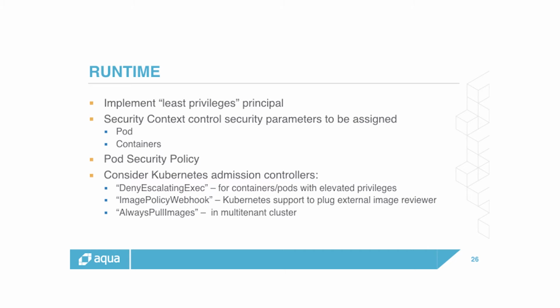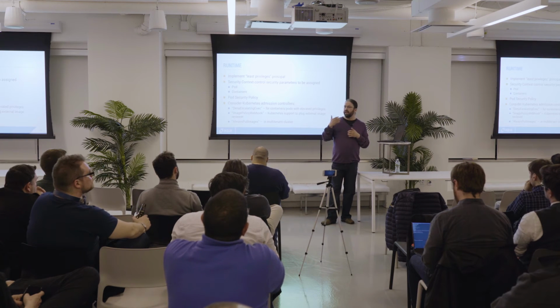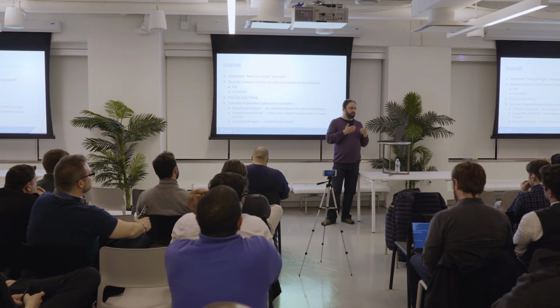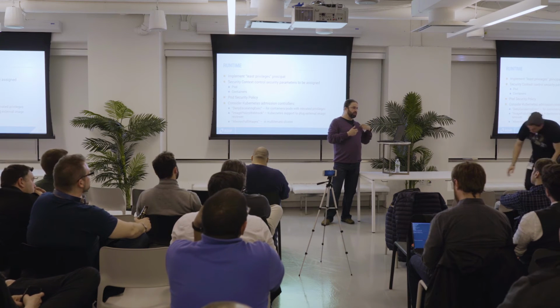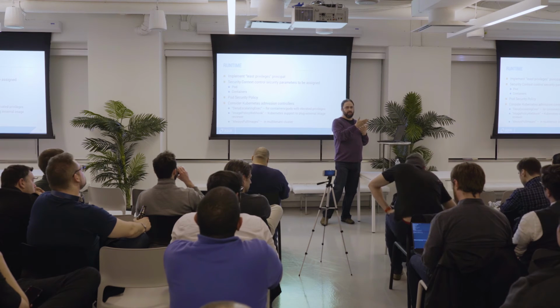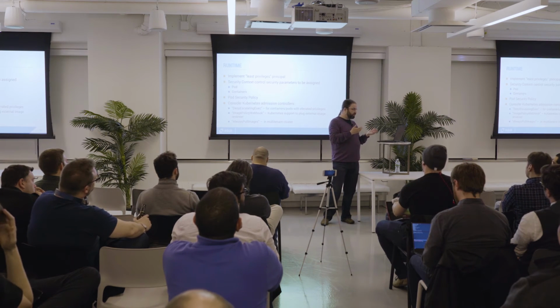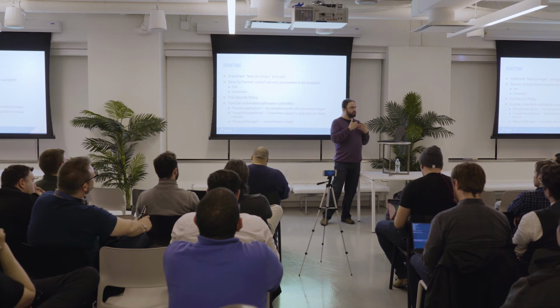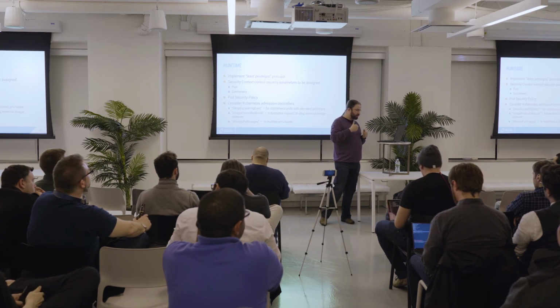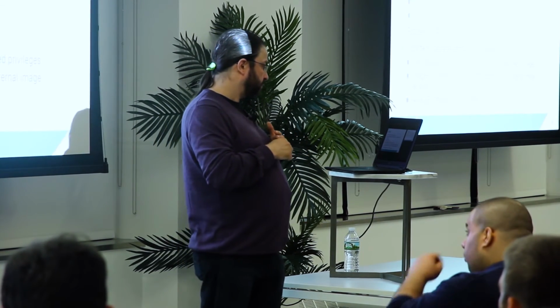Image policy webhook, we will expand on it a little bit later, but we talked earlier about scanning the images during your build and test stage, and you want to make sure that during the run stage, those images will still not be able to run. Image policy webhook enables that. It enables adding an external image reviewer for the images which are about to be run in the runtime.